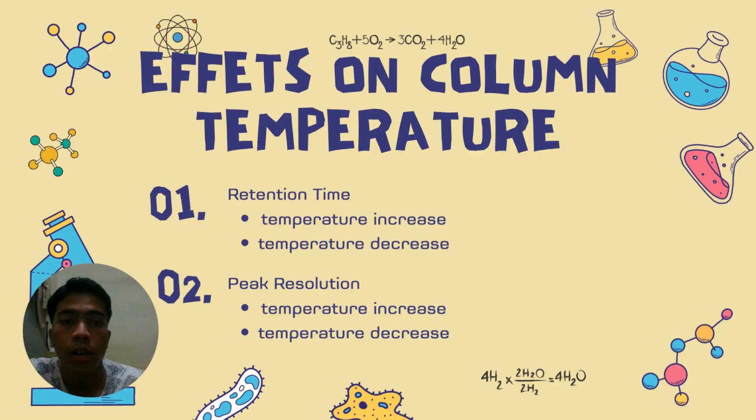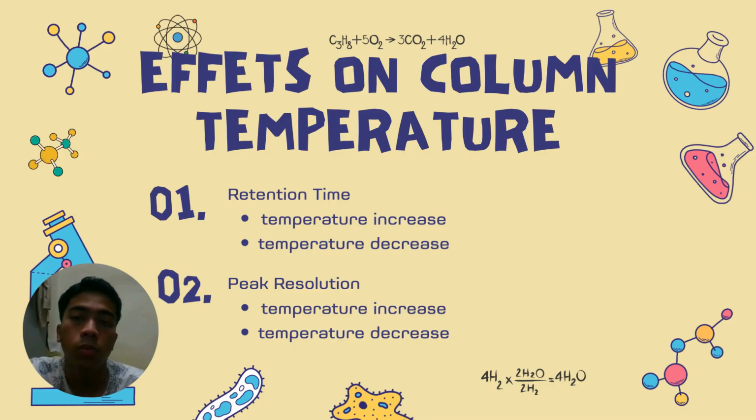Other than that, for the effect of column temperature on peak resolution, if the temperature is increased, the peak resolution often decreases as well because compounds elute close together. This is especially problematic for compounds with similar boiling points or polarity, as their retention behaviors become more similar at elevated temperatures, increasing the risk of overlapping peaks.